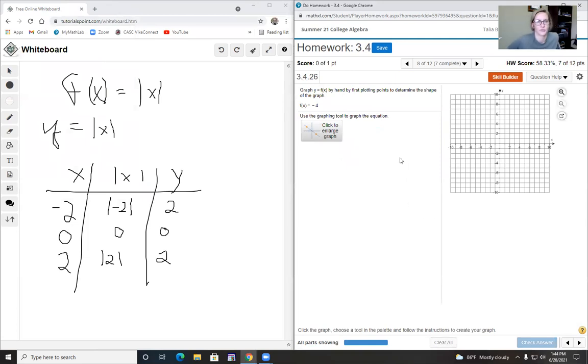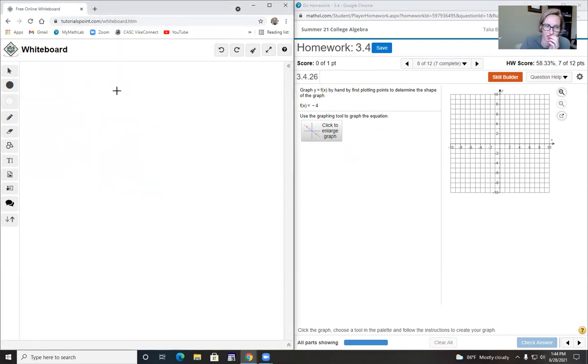All right. This graph right here, since it's f of x equals -4, I want y'all to remember that f of x is the same as y. So f of x equals -4 would be the same as y equals -4.